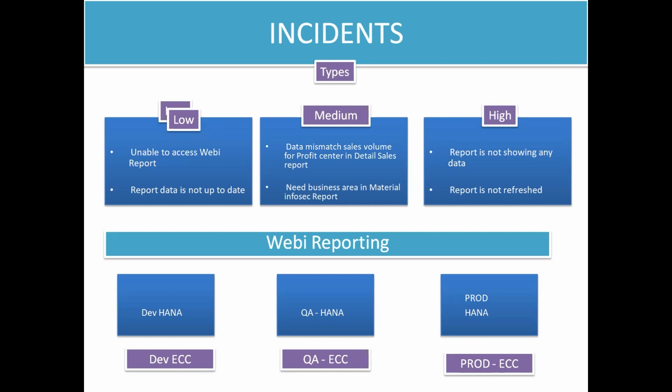That way we have to check from the bottom to the top row. Bottom in the sense from SAP transaction to SAP table. And once the data is reflecting in the SAP table of the ECC, then we have to check the SAP table on the HANA side, the HANA table, because there is an SLT process, right?